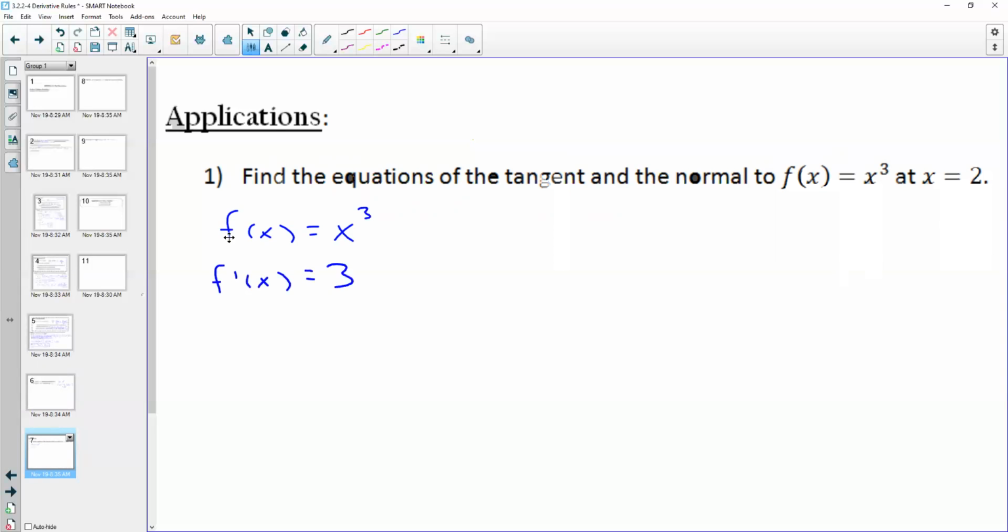So that will be 3x squared. This is our slope of the tangent, general to our function f of x. We've just found the general slope here.